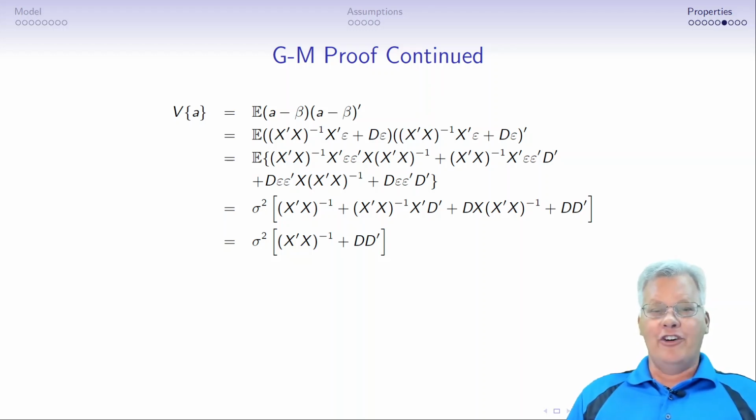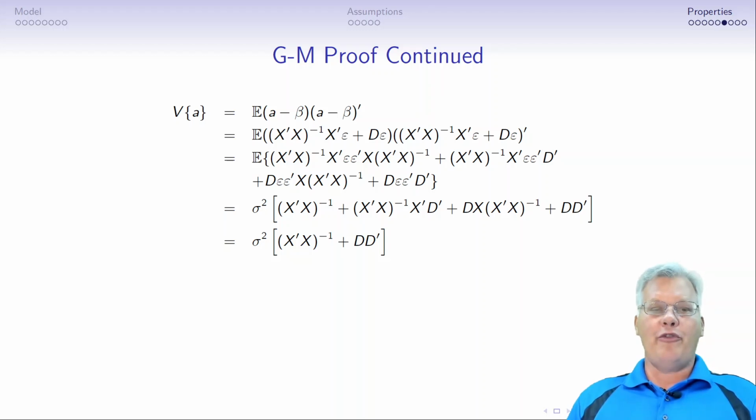Going from the first line to the second line, I plug in my junk term: A minus beta is equal to x prime x inverse x prime epsilon plus d times epsilon. Then I multiply out all those terms, and we get to the fourth line. That was just algebraic manipulation.